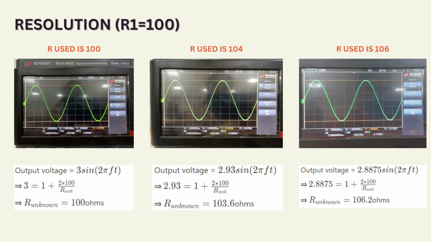We can see that varying 2 ohms in this measuring range, that is here the measuring range will be 100 ohms to 1 kilo ohm, changing 2 ohms we could get a significant difference in the amplitude. But if we try to change the same 2 ohms in the measuring range of 100 kilo ohm to 1 mega ohm, we will not see a very perfect difference between those two output voltage amplitudes.